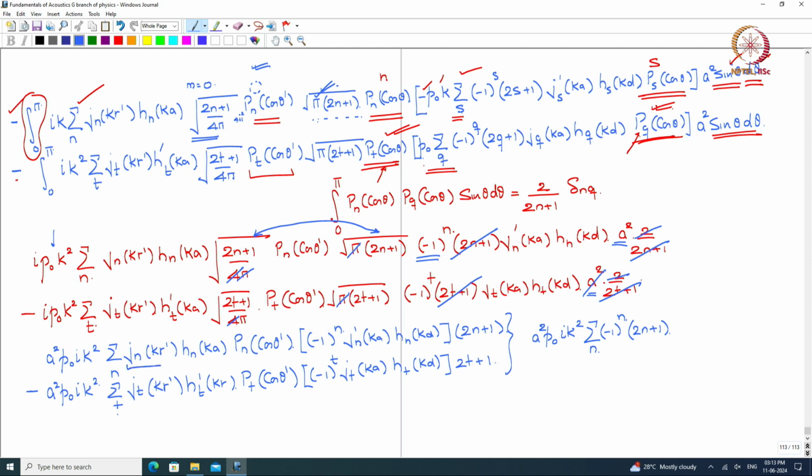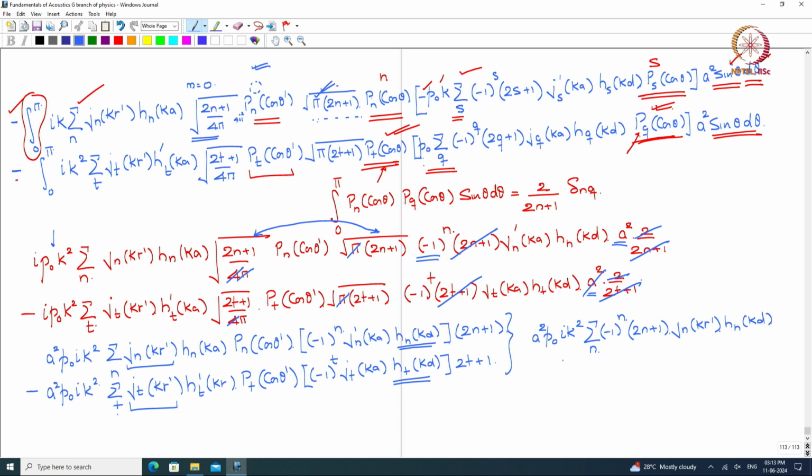Then we have jn of kr dash, jt of kr dash, they are common, so I will get a jn of kr dash. Then I also get hn kd and ht kd, so I will get one hn kd.